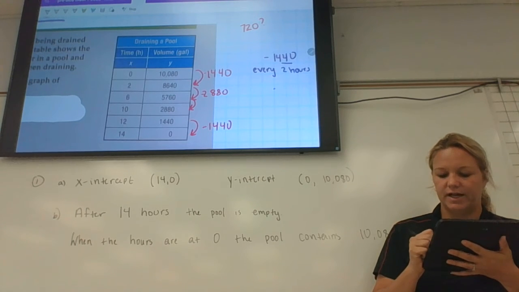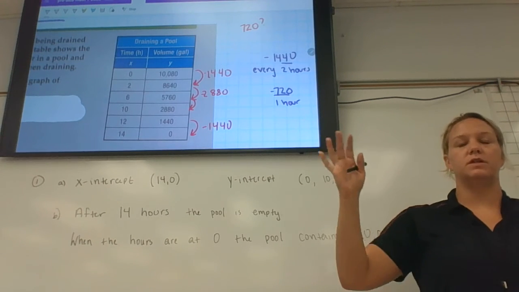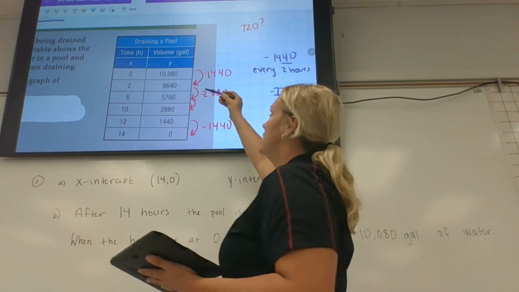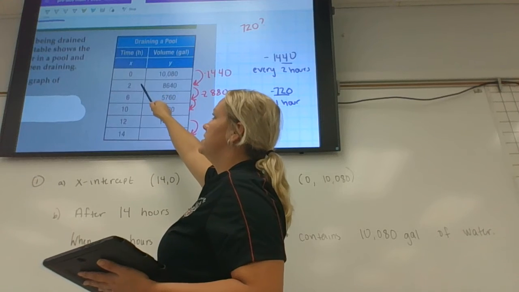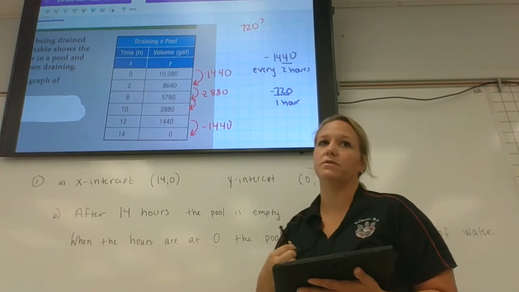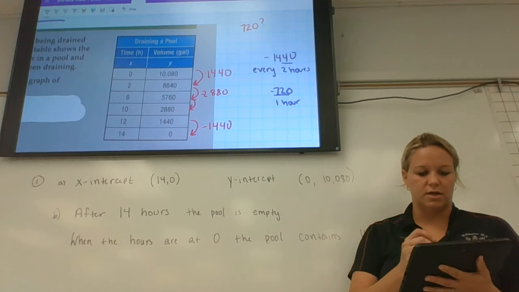So if you divide that, it's 720 in 1 hour. Okay. This is what we're doing today. We're moving from intercepts to rate of change. So this is going down 1440 for 2 hours. You divide it by 2, and you get that 720 that was stated in the problem. I'm going to give you the formula. We're going to practice it. I just wanted to talk about it right now.